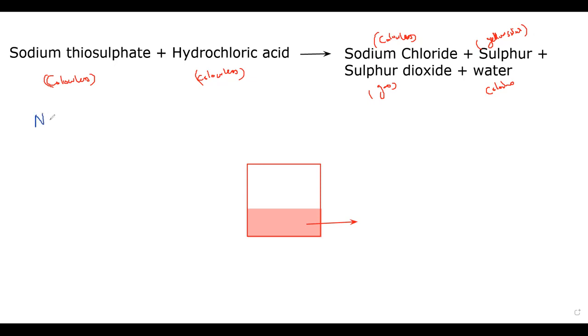The sodium thiosulfate formula is Na2S2O3. That's sodium thiosulfate, mixed with HCl, hydrochloric acid. This results in the formation of sodium chloride NaCl, plus sulfur, plus sulfur dioxide, plus water.